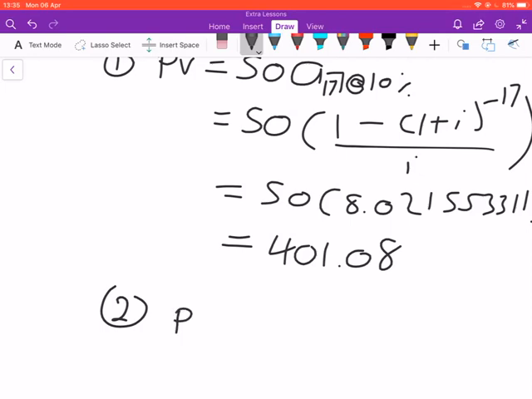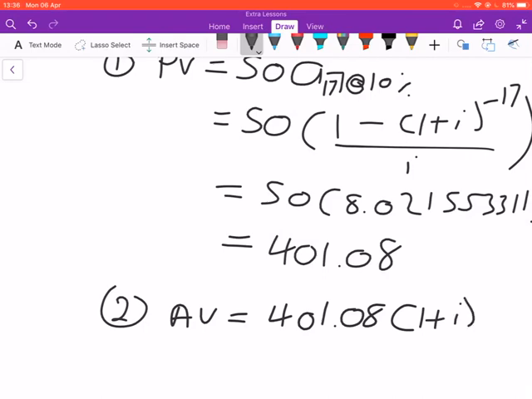So when they say find the accumulated value, there are 2 ways you can do this. You can just say the accumulated value will be 401.08, and then accumulate it again, accumulate it to the future. You would have 1.1 to the power 17.